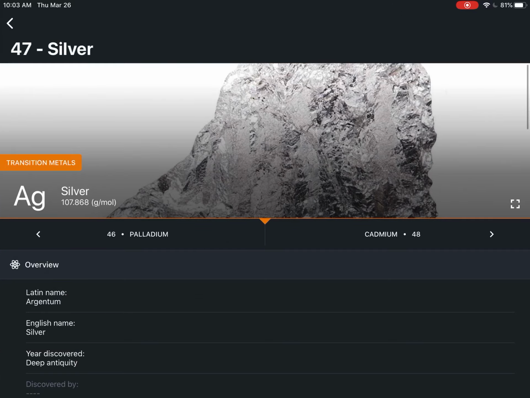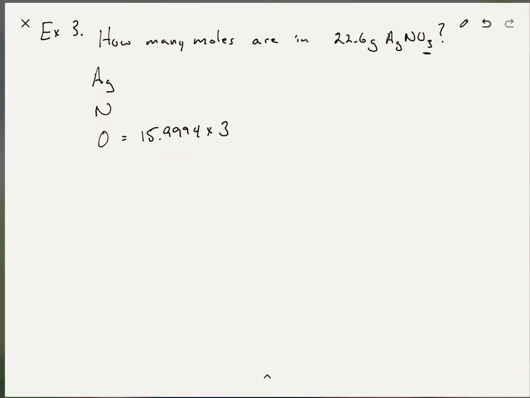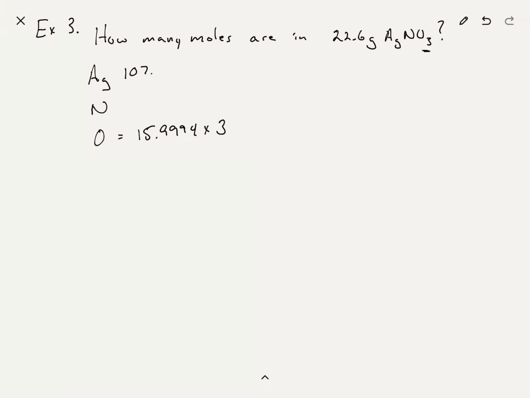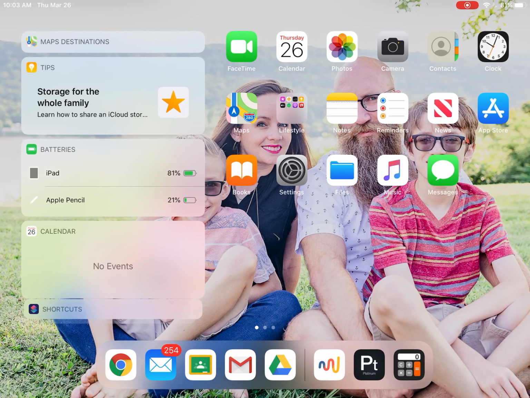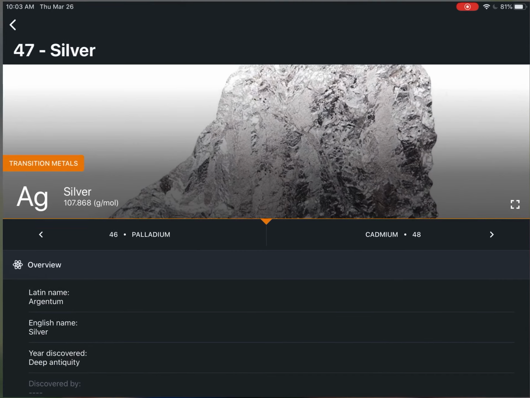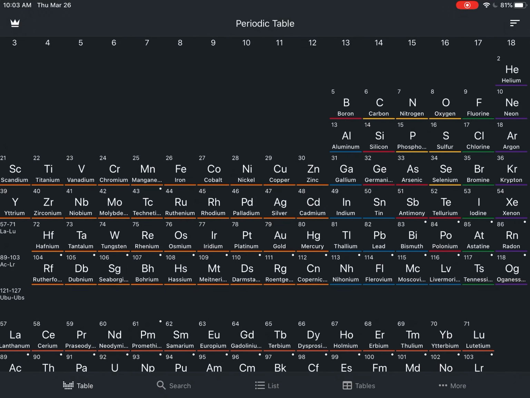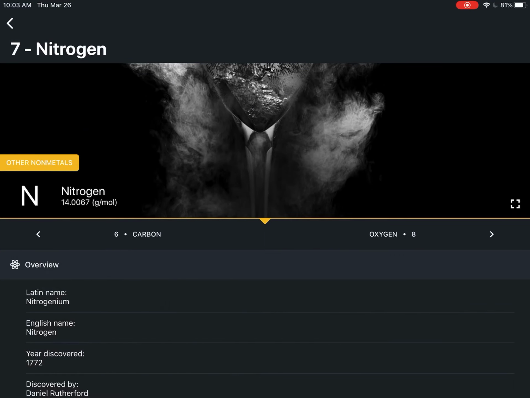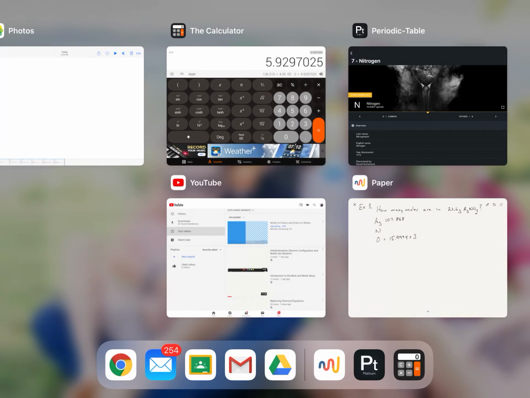So silver has a mass of 107.868, and nitrogen has a molar mass of 14.0067.